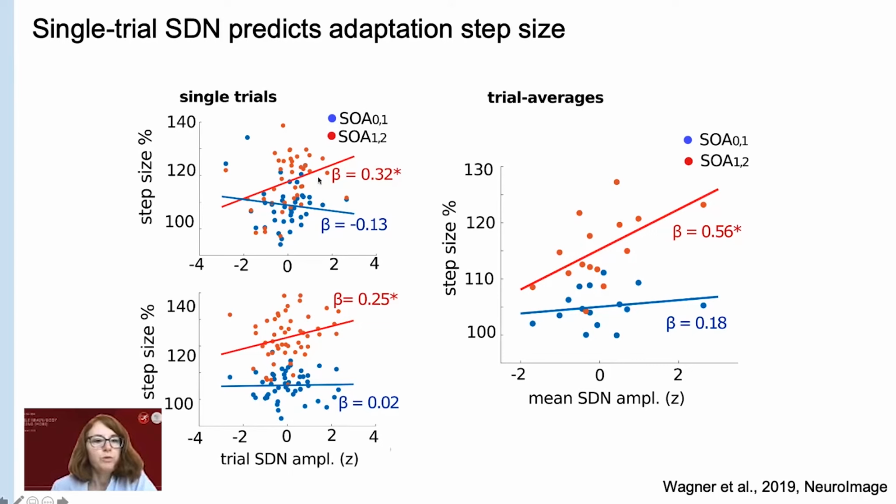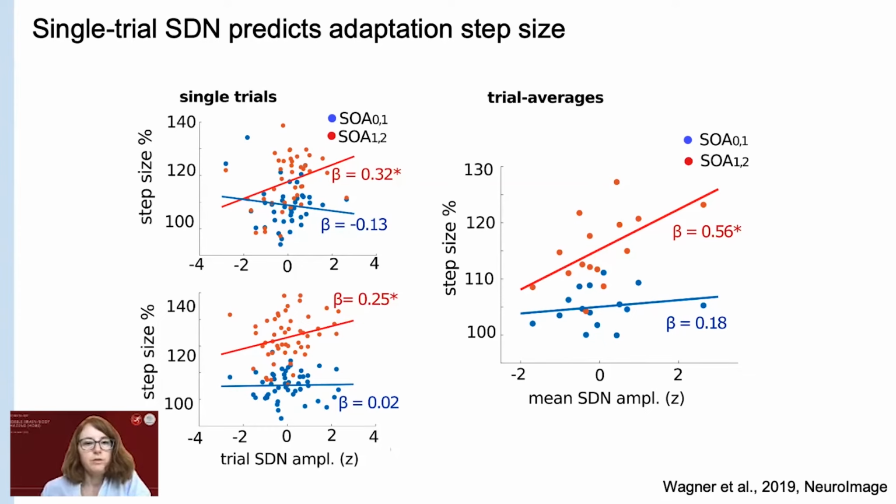We computed a multivariate regression for each subject over the single trials. It showed that there is a significant relationship between SDN amplitude and the second adaptation step. So a bigger SDN amplitude predicts a bigger adaptation step.